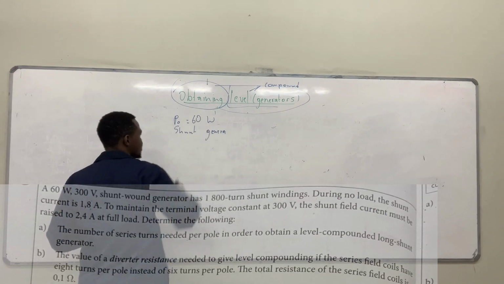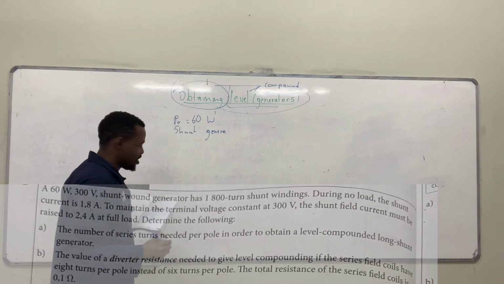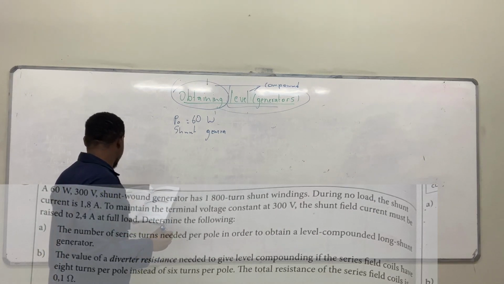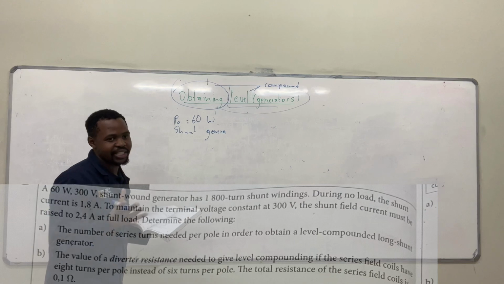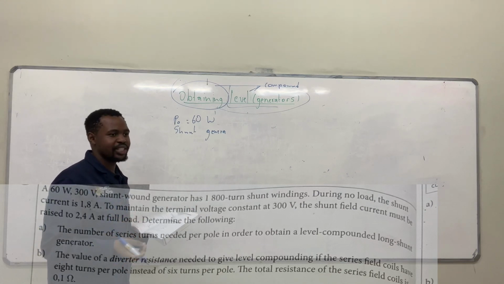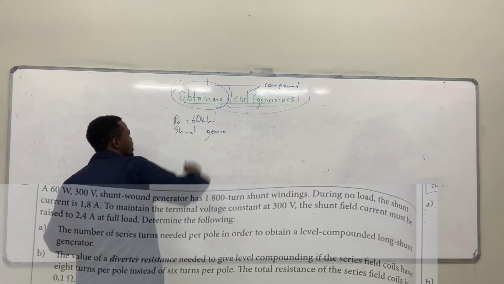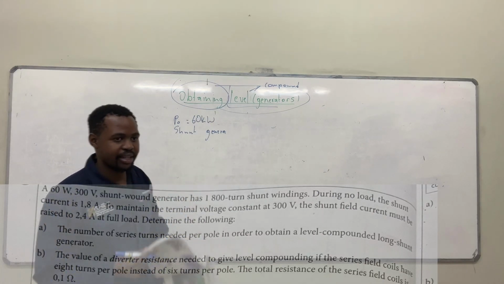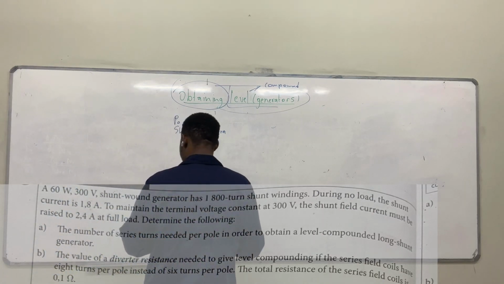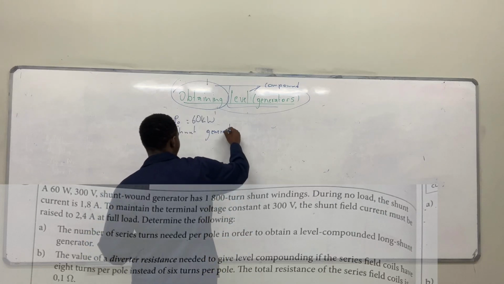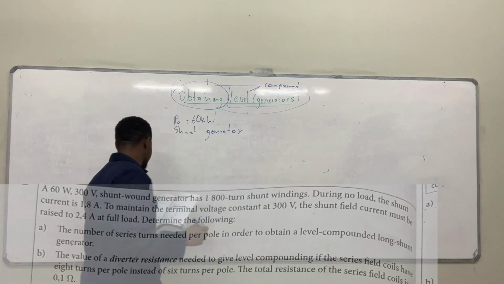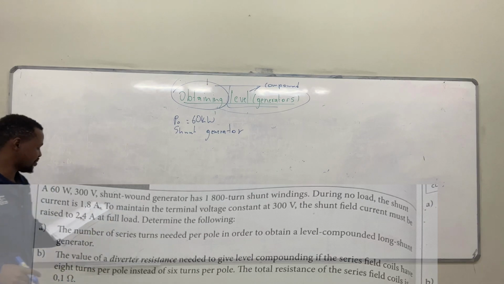It's 60 kilowatts, so let's write it as kilowatt. Then the rated voltage is what?